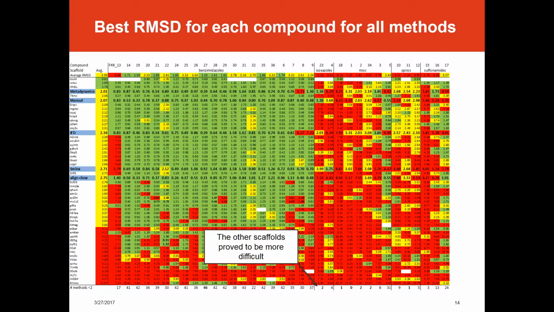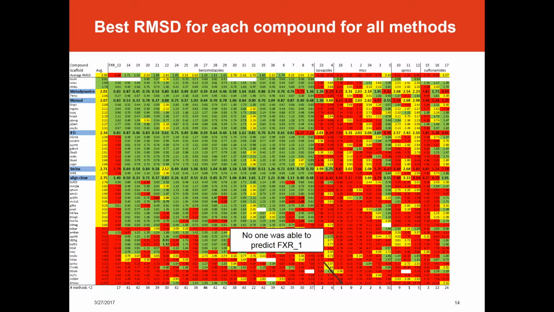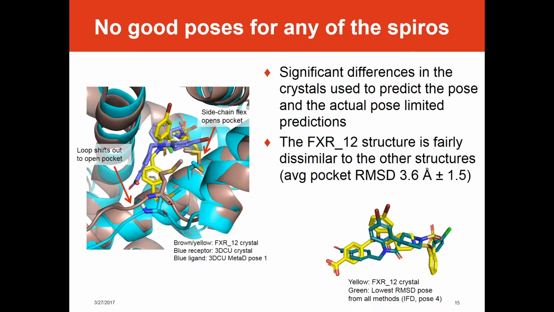Most people did well on the benzimidazoles, but all the rest of the scaffolds were pretty tough. My little claim to fame is that my metadynamics method was the only one that got FXR 23 correct, which was nice. But some of these, like FXR 1, no one was able to get.